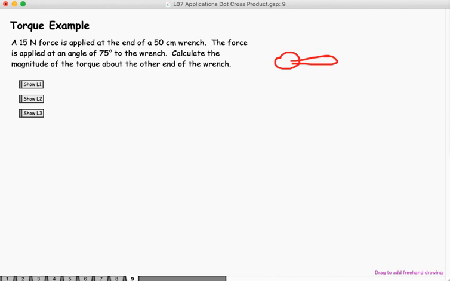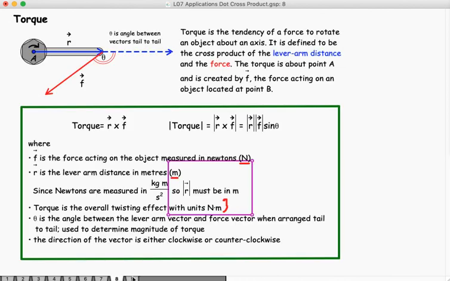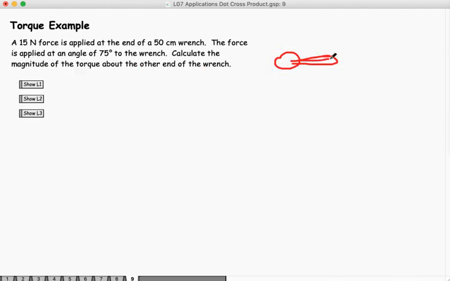And then we've got a force. I'm just going to draw a picture similar to what we are doing here. And then the force I'm applying on here so that this angle is 75 degrees. But I'm not going to ask you to provide a diagram when you do this on a particular test. We can just go straight into the formula.